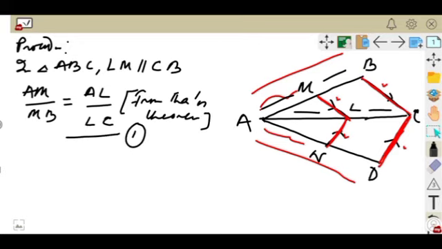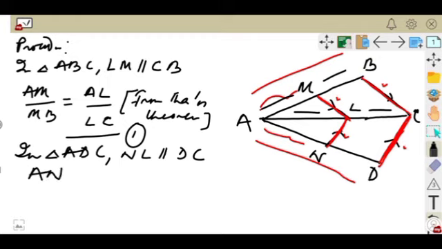Next, we're going to write in triangle ADC. NL is parallel to DC. And for that, I can write AN by ND equal to AL by LC.